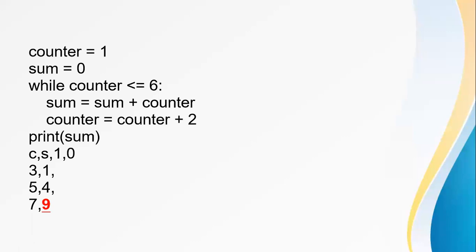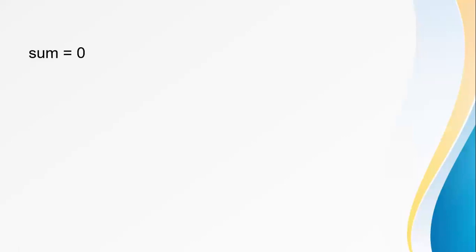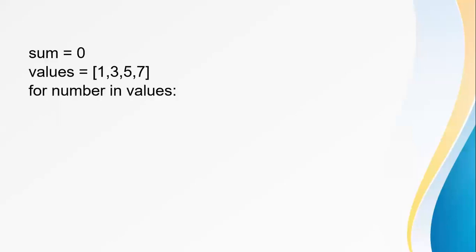Now today, to continue with this, let me give you one more example. Sum is equal to 0. Values are 1, 3, 5, 7. For number in values, sum is equal to sum plus number. Print sum.